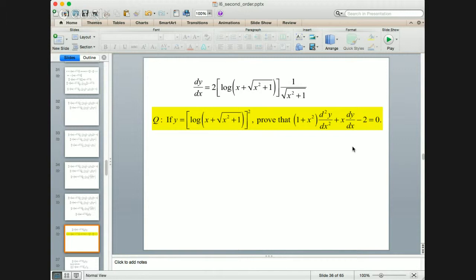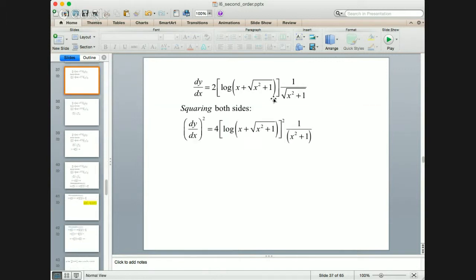What I'm going to show you is a better alternative. What I'm going to tell you is to use what y was. Y is square of log of x plus root of x square plus 1. I already have log of x plus root of x square plus 1. So what if I square both the sides of this function?